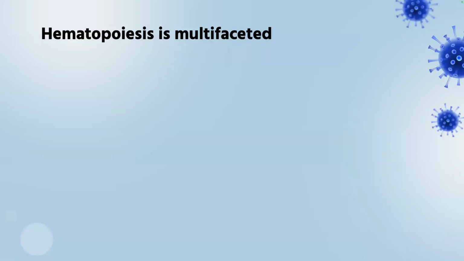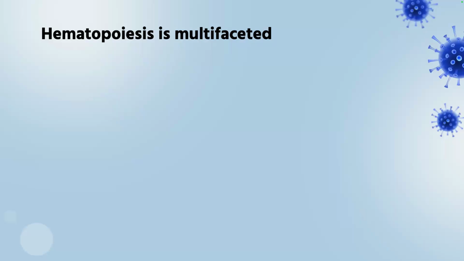Hematopoiesis is a very complicated process, and it receives many internal and external cues that give rise to a variety of cell types. So in summary, hematopoiesis is very multifaceted. It's a complicated process involving many internal and external cellular processes, and this ultimately gives rise to a variety of cell types that are players of the immune system.